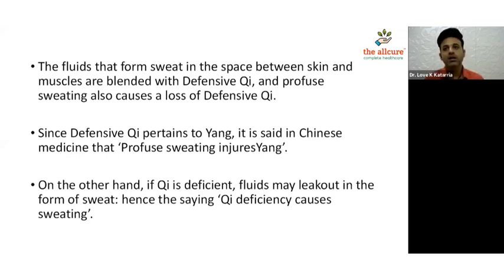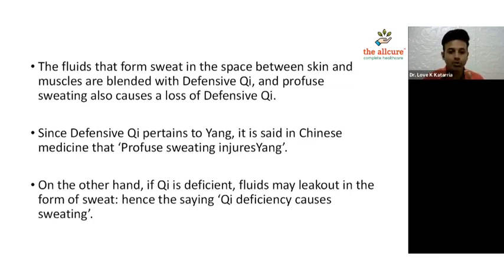If you see a patient having excessive sweating, initially it can show the signs of chi deficiency. On the other hand, if the patient has chi deficiency initially, like lung chi deficiency, it can lead to excessive sweating, so spontaneous sweating happens.